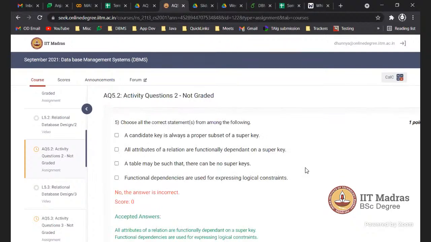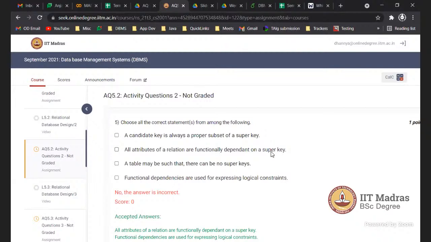A table may be such that there can be no super keys. Yeah, suppose it's a weak relation. It may not have a primary key, but it must have a candidate key, because it should be able to uniquely identify every tuple in a table.